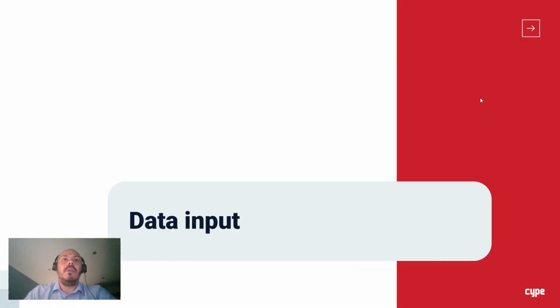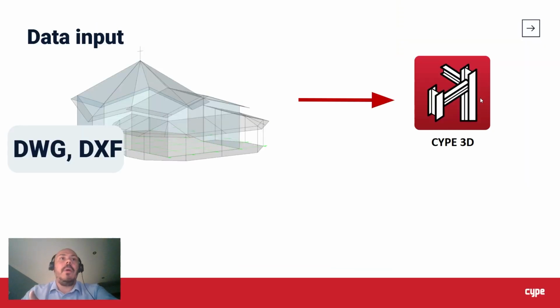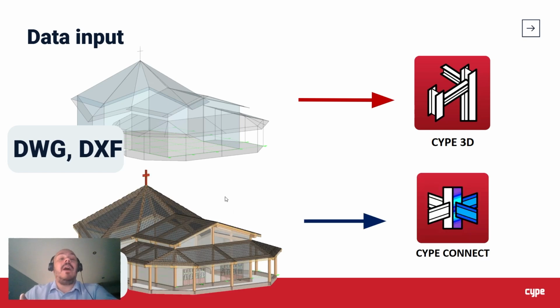Okay, so if we keep going, just to show you a little bit of an example, if you have a geometry like this in DWG and DXF, you can send this information to Cype 3D, and in Cype 3D we will transform these lines and surfaces into an analytical model that can then be analyzed. Okay, if you already have a model, I'm sorry, here it's a timber structure.